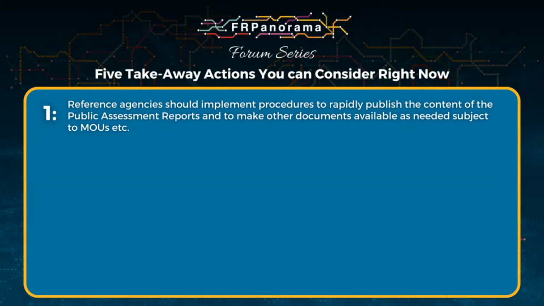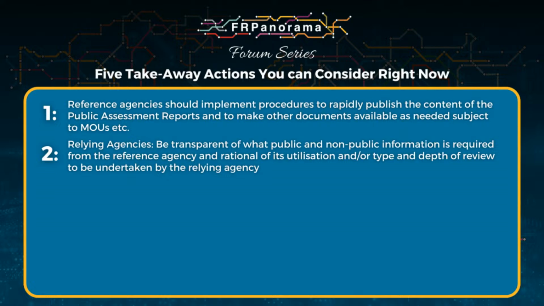So here are a couple of takeaway actions, and you've heard some of these already. First, reference agencies should implement procedures to rapidly publish the content of the public assessment reports and to make other documents available as needed, subject to things like MOU. So how do we accelerate this process?